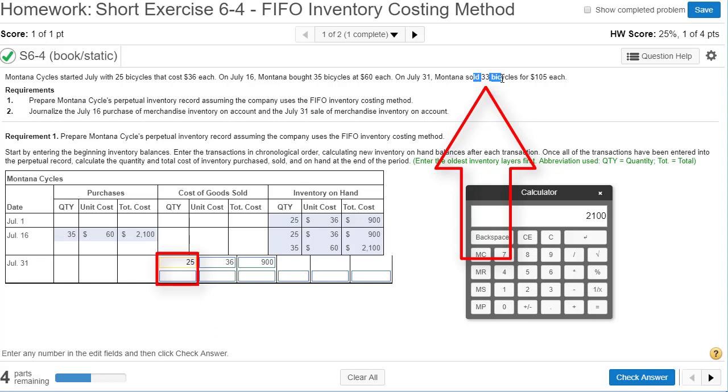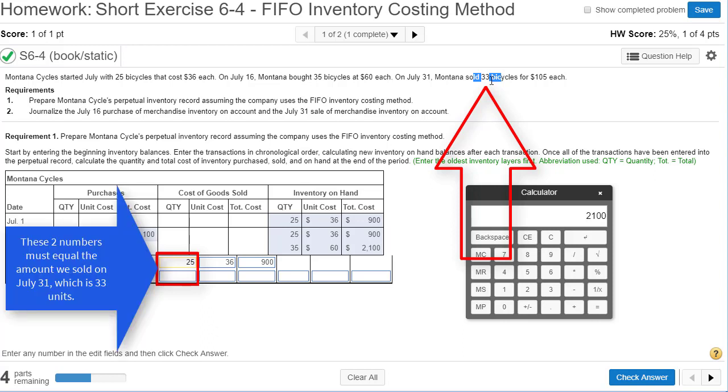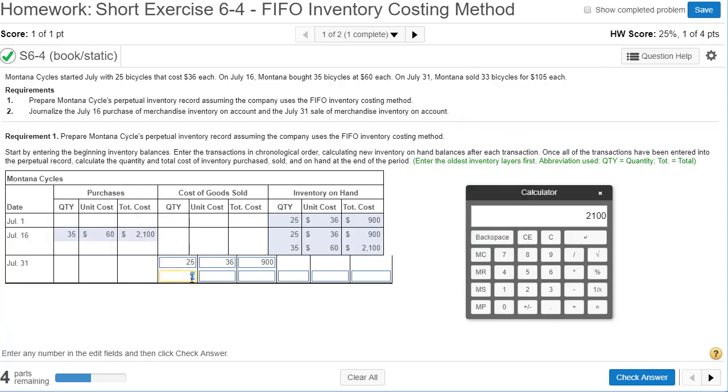So how many more do we have to sell? Well, we're just going to subtract. 33 minus 25 gives us 8 units. So 25 plus 8 gives us the total of 33. Now what was the price per each of these 8? Well, that has to come from our second layer of inventory.